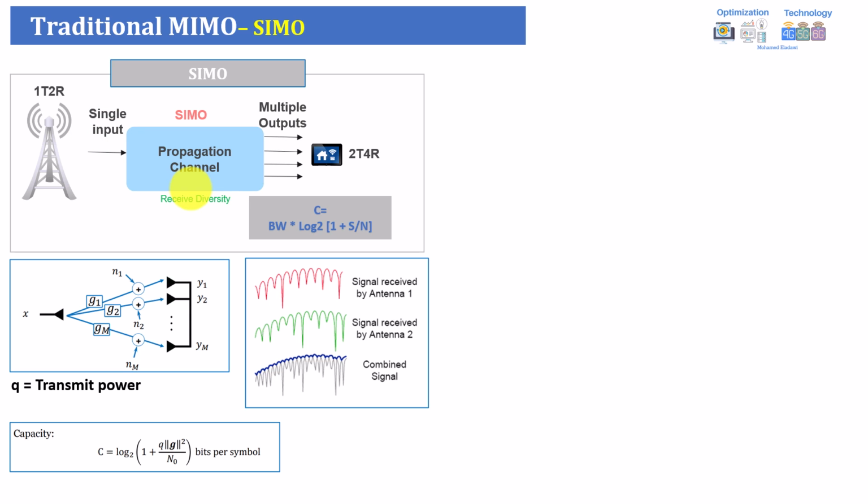In general, receive diversity may be implemented via two different combining methods. The first one is called selection combining, where the combiner at the UE side selects the branch with the highest CNR among the M receivers.